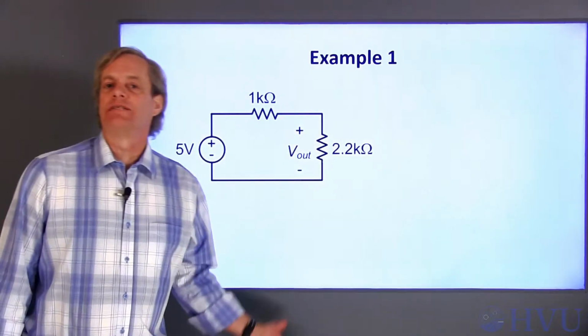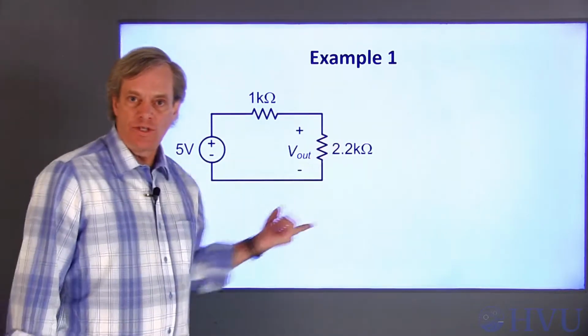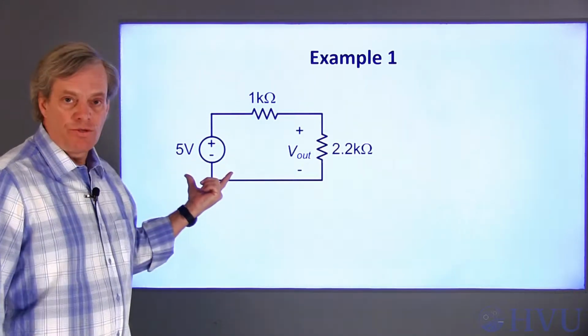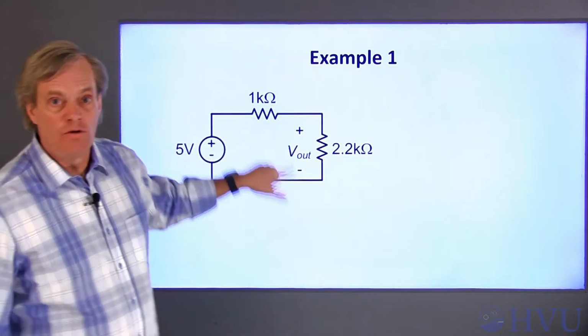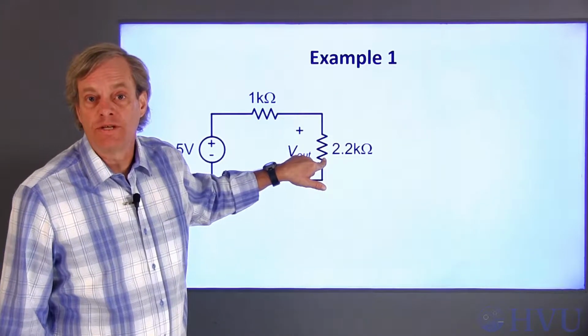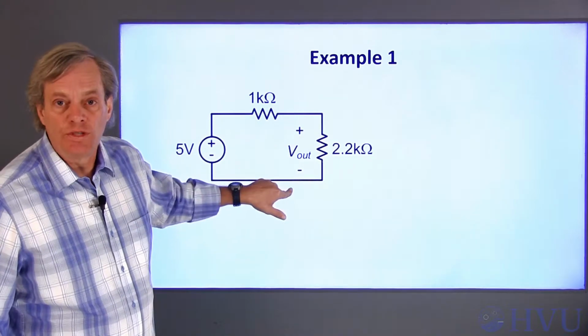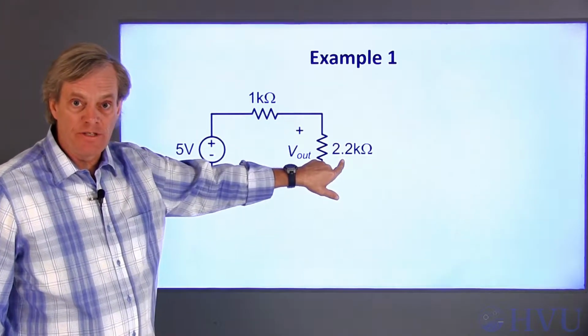Now let's do a quick example. The circuit we'll use is shown here. We have a voltage source of 5 volts applied across a series combination of a 1 kilo ohm and a 2.2 kilo ohm resistor. We're going to measure the voltage across the 2.2 kilo ohm resistor.